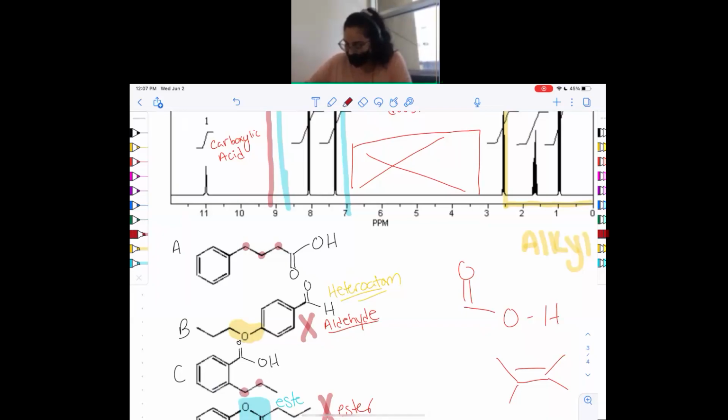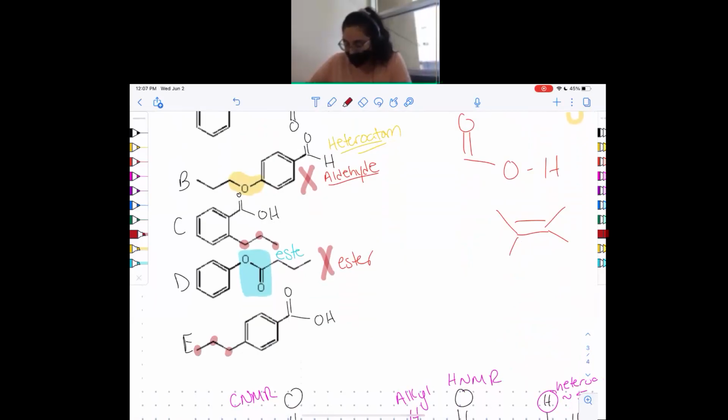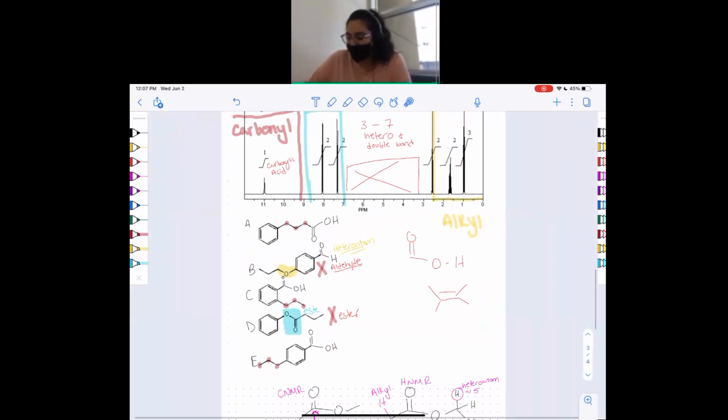1, 2, 3. 1, 2, 3. And we have an integration of 3, 2, and 2. Here we have 2, 2, 2, 3, 2, 2, 3, 2, 2. So we can automatically kick off A because instead of 3, 2, 2, the integration is wrong.